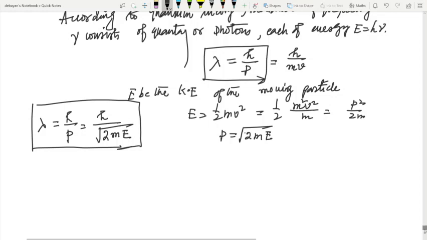So lambda is h by root over 2mE, that we know. So in E, if we place this 3 by 2 kT, then it should be root over 3mkT. So this is one formula of the de Broglie wave.